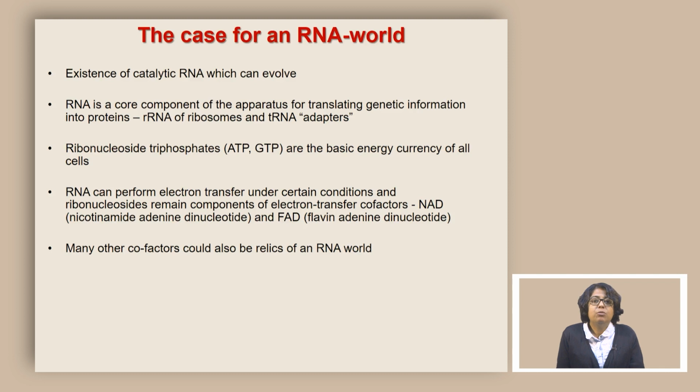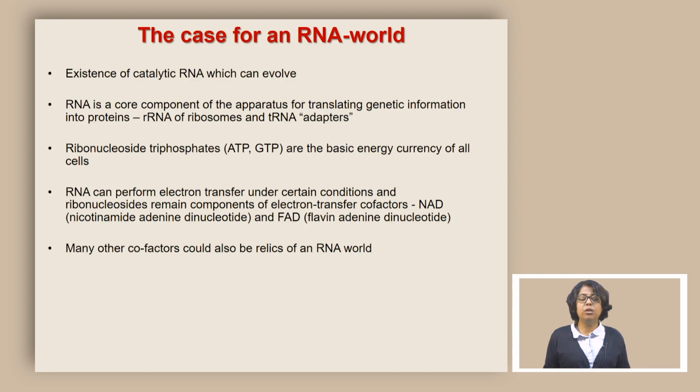ATP or GTP, which we know as basic currencies of the cell, are everywhere. The final one is that RNA can perform electron transfer under certain conditions, and some of these ribonucleosides remained components of electron transfer cofactors, and there are many such cofactors, and these cofactors could also be relics of an RNA world.